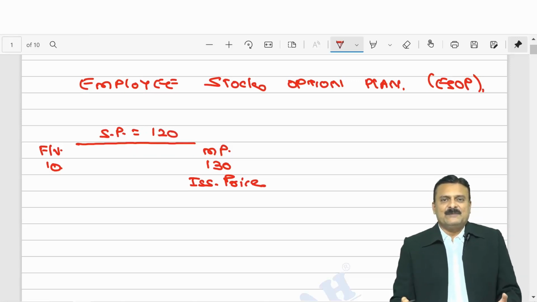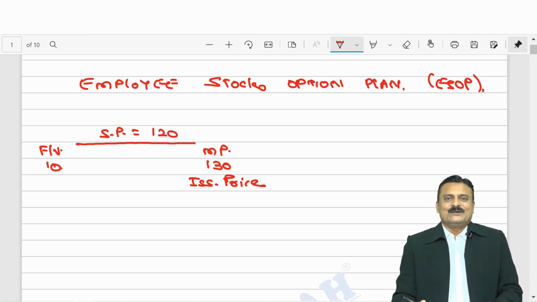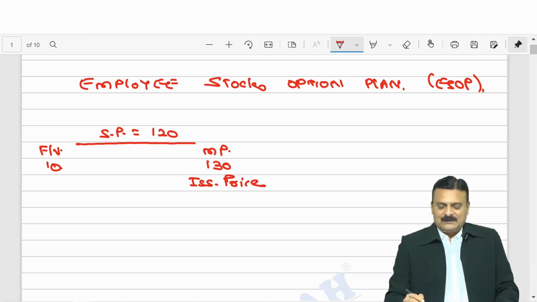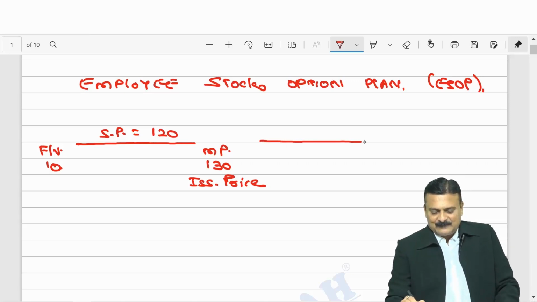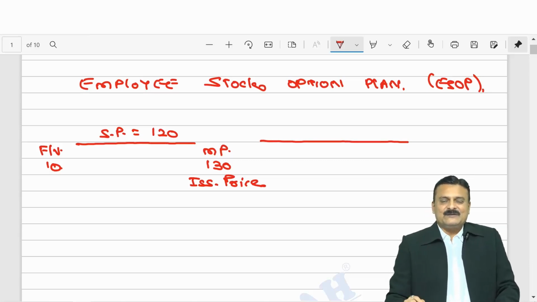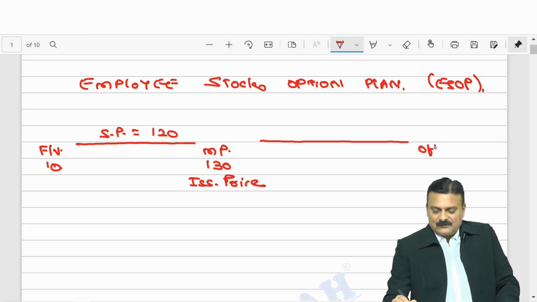Employees will say, sir, what is the benefit to us in that? Company will say, dear employees, we will issue you shares of 10 at 130, but we will collect from you only 40. So these shares are offered to you at an offer price of only rupees 40.